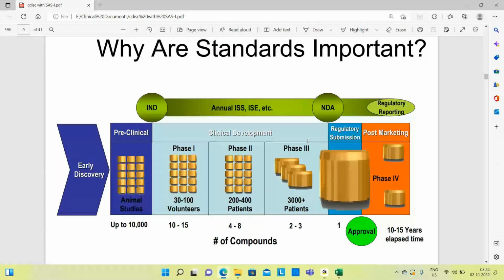And ISC is Interim Summary on Efficacy Analysis.